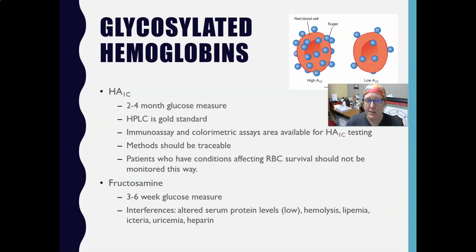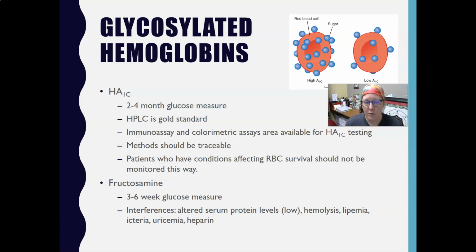Fructosamine is a different way to measure. It's another type of glycosylation, but this one is only looking at 3 to 6 weeks of glucose measures. It's fructose sticking to an amine, a protein, and the interferences are altered serum protein levels, hemolysis, lipemia, icteria, uricemia, so high uric acid, and heparin.